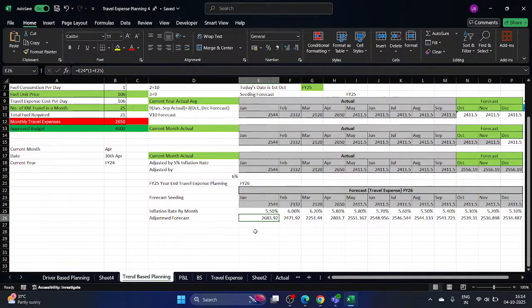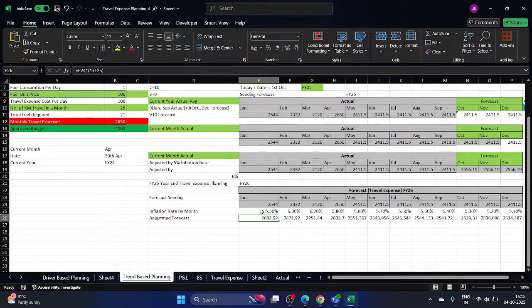We will adjust the inflation here, like equals to E24, it is the sale, multiplied by 1 plus the inflation rate.